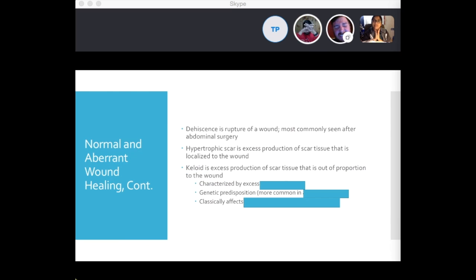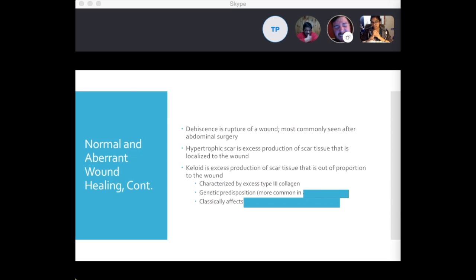So you have excess production of scar tissue, but this one is out of proportion to the wound. It goes outside the borders. This is characterized by, I know you said type 1, it's both, but primarily excess type 3 collagen.